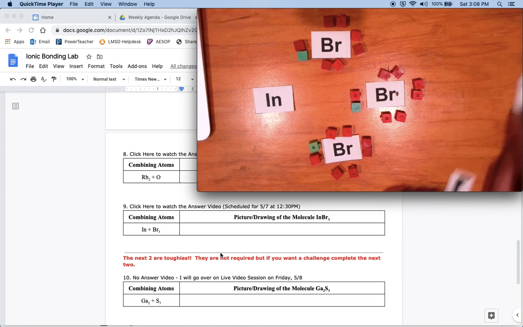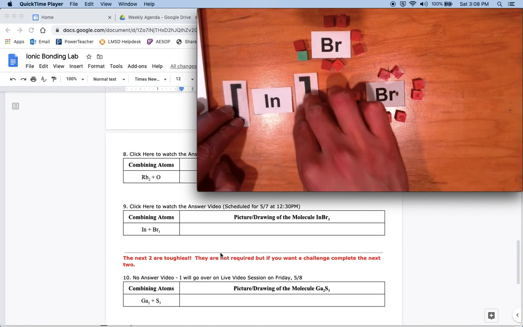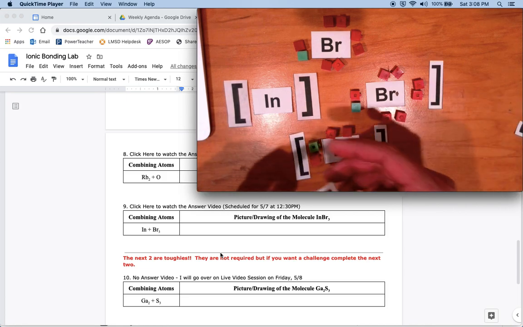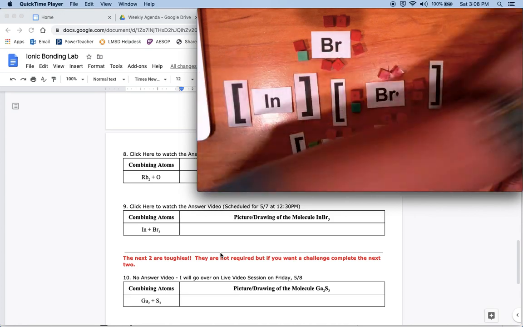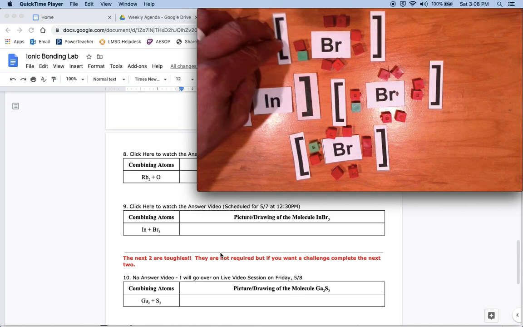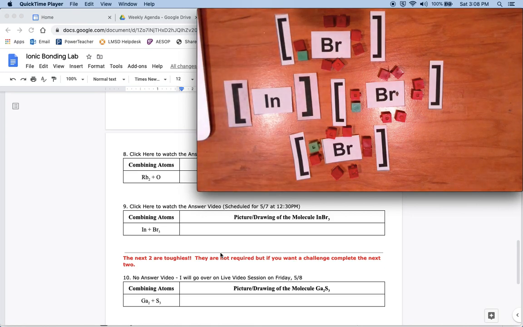Perfect. Now what I need to do, like always, is put my brackets. And this is where it gets kind of crazy, because we got a lot of brackets, a lot of stuff going on. So try and be as organized as you can when you're doing all this, because each one of these atoms is now different from what they started off.